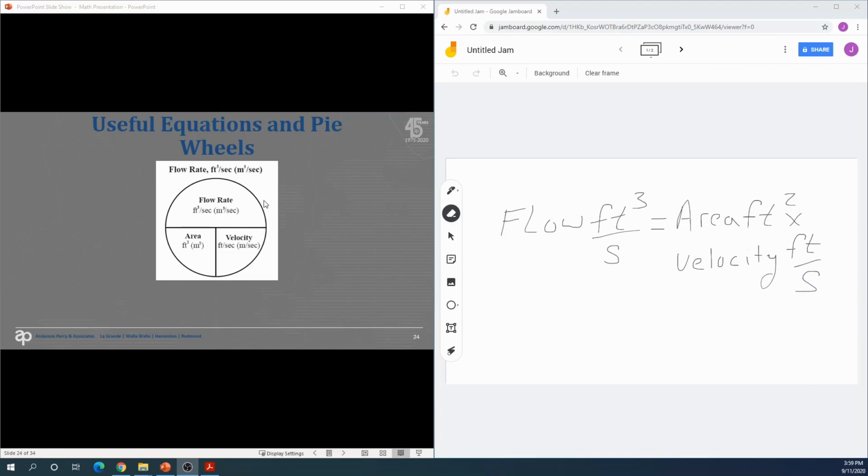Again, pi wheel, one side of the equation is on the top half of the wheel, the other side of the equation is on the bottom half of the wheel. So again, flow is just area times velocity.